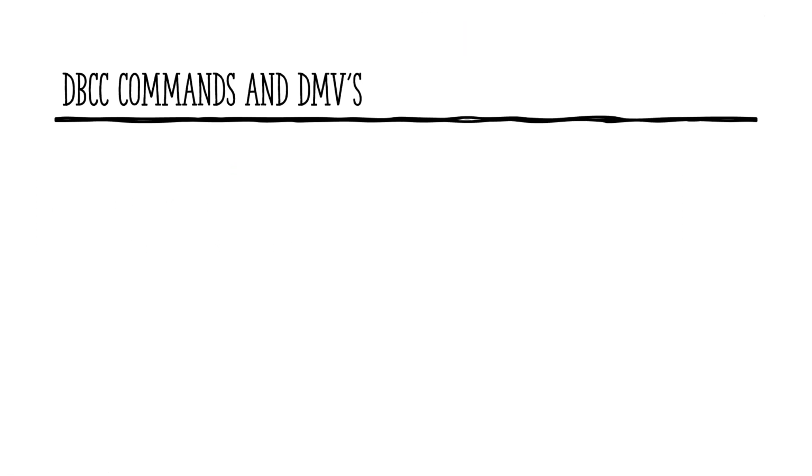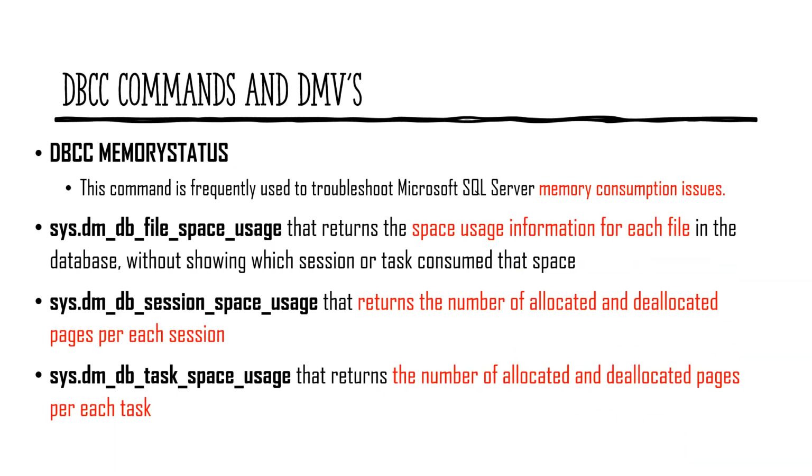And there are various DBCC commands and DMVs that you can use to analyze the TempDB space. DBCC MEMORYSTATUS gives you the memory consumption issues. sys.dm_db_file_space_usage gives you the space usage information for each file in the database. sys.dm_db_session_space_usage returns the number of allocated and deallocated pages per each session.